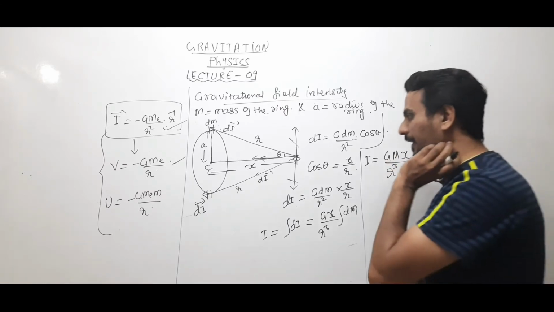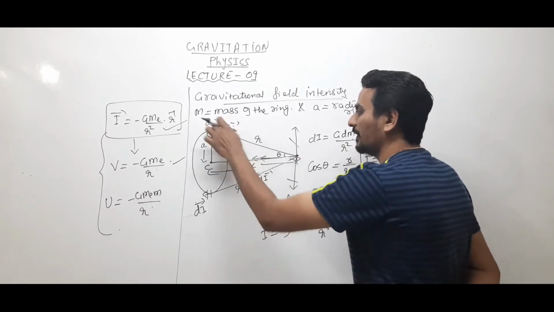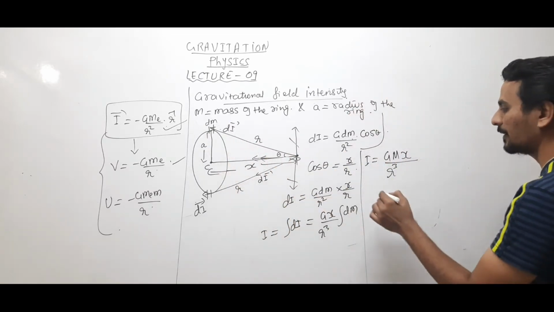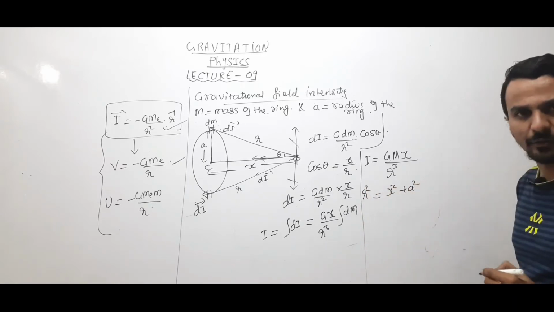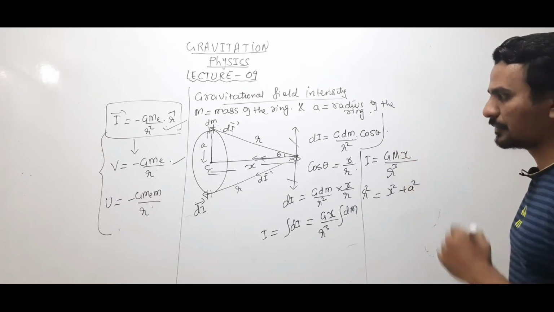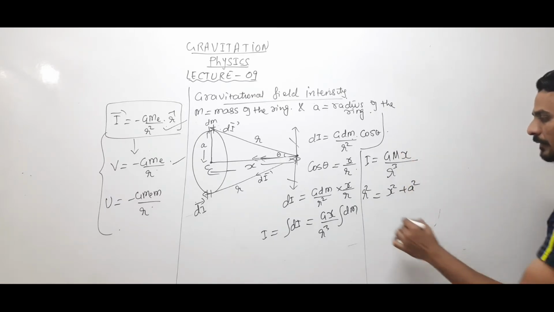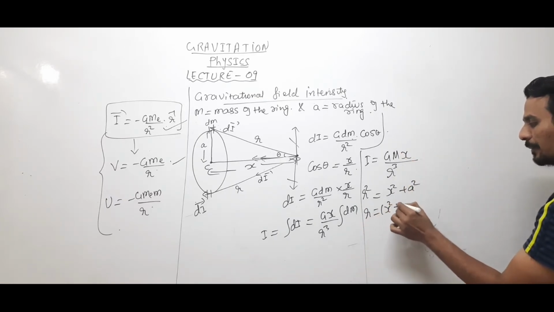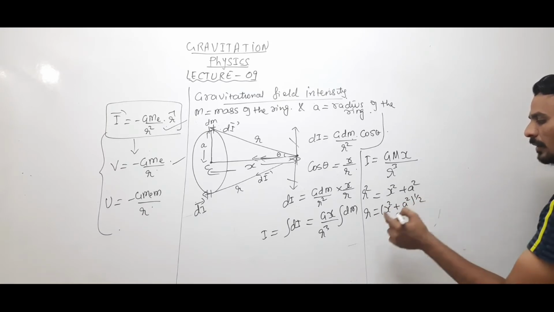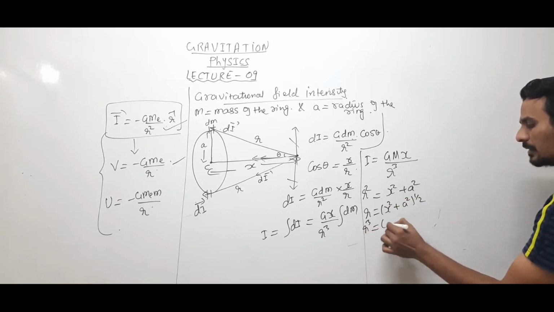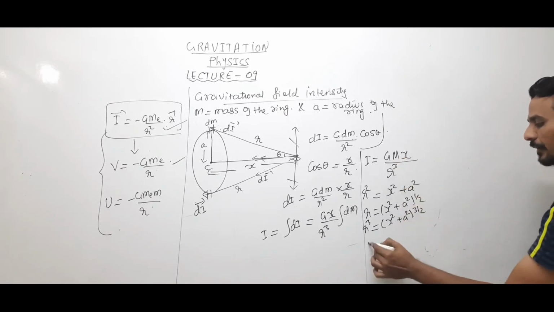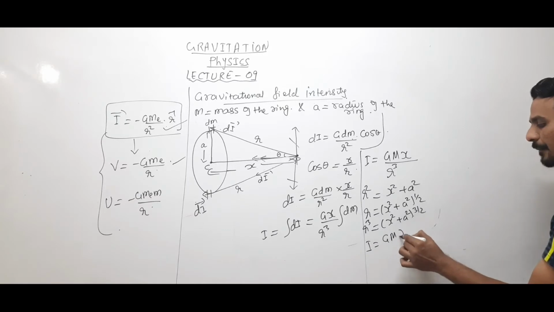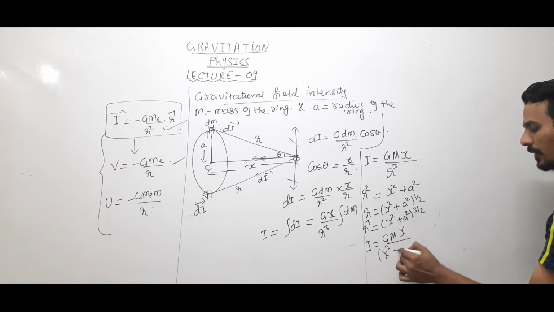One more thing: using Pythagoras theorem, r is the hypotenuse, so r squared equals a squared plus x squared, so r equals (x squared plus a squared) raised to 1 by 2. Cubing both sides, we get (x squared plus a squared) raised to 3 by 2. Substituting, the gravitational field intensity is GMx upon (x squared plus a squared) raised to 3 by 2.